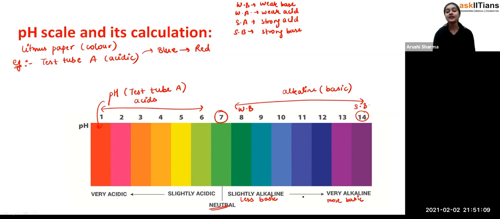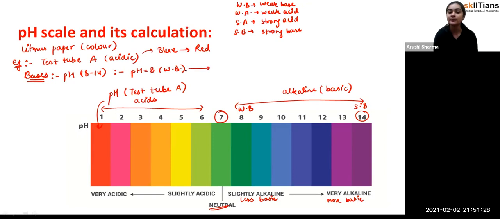So what we have seen in the case of bases is that the pH ranges from 8 to 14. If the pH is 8, it is a weak base, and when we move from pH 8 to pH 14, the basic character increases and we call it a strong base. Okay, fine, that is clear to you. Now coming to the acid part, students.